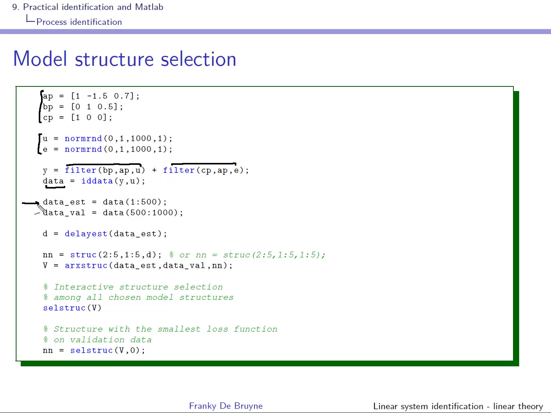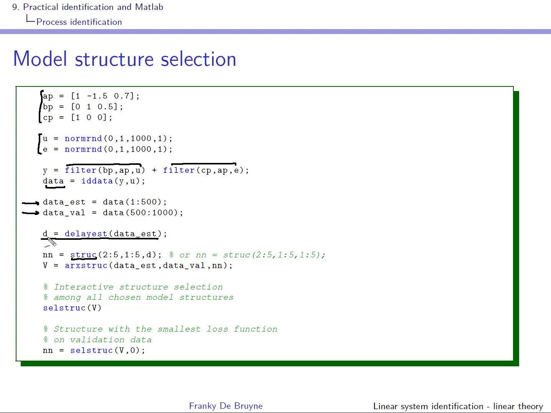We take half for estimation, half for validation, and in this case we obtain the delay using the command delayest. Then we assume that the delay is fixed, and here you have the command arxstruc. This command will allow you to identify a whole bunch of ARX models, with A going from 2 to 5, B from 1 to 5, and the delay fixed.